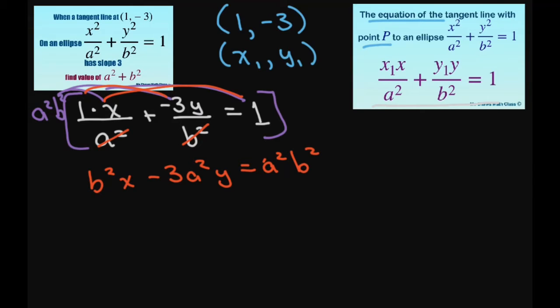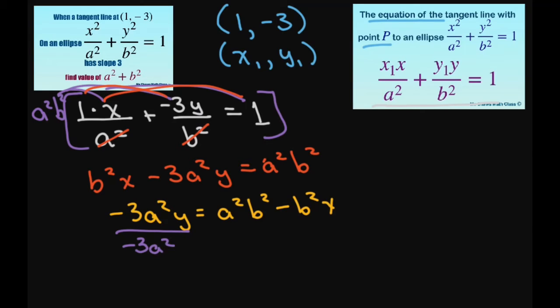Now solving for y, we're going to get -3a squared y equals a squared b squared minus b squared x, and divide everything by -3a squared. So I'm going to write this one first. So this is going to be y equals, this goes away.